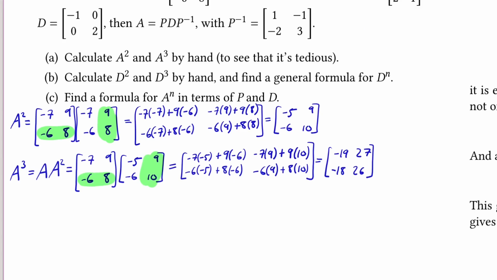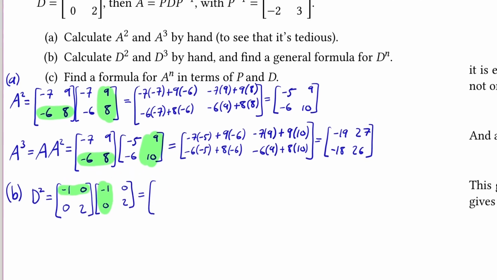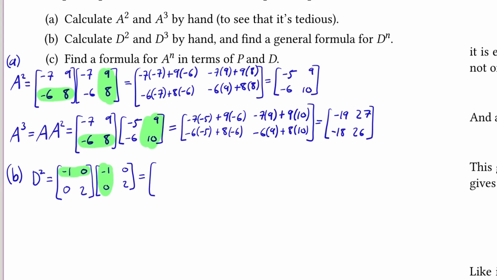But what if we have a diagonal matrix D? Is it easier to calculate powers of that? Well, D squared, for the 1, 1 position, we're going to have negative 1 times negative 1 plus 0 times 0. In row 2, column 1, we have 0 times negative 1 plus 2 times 0.